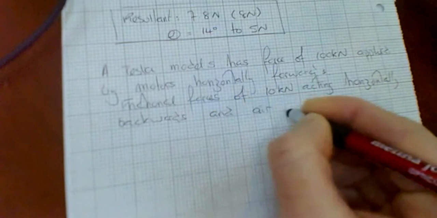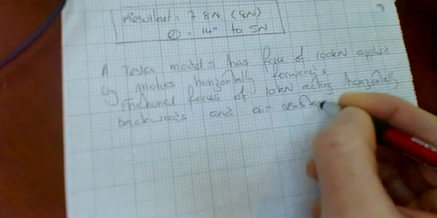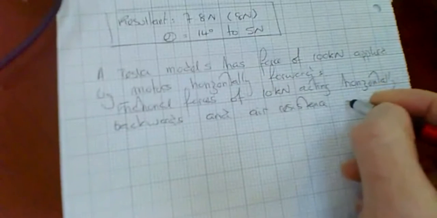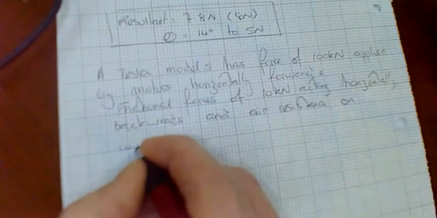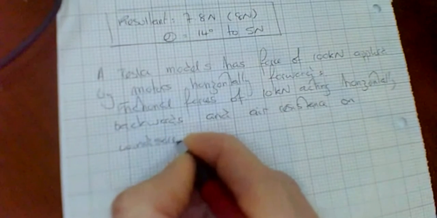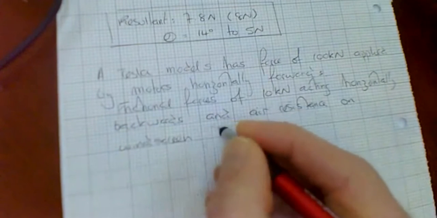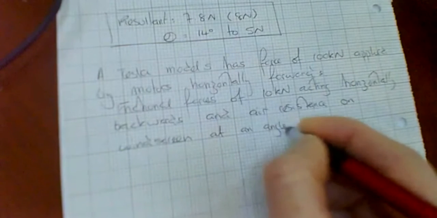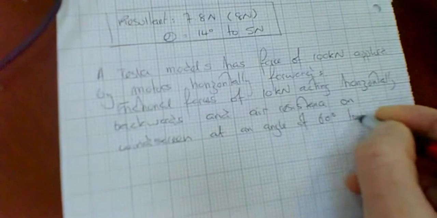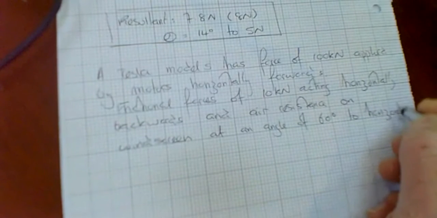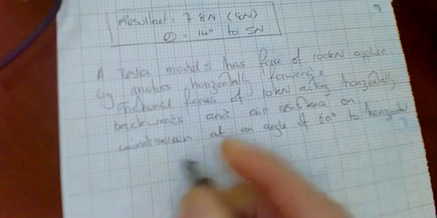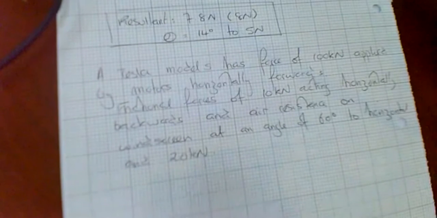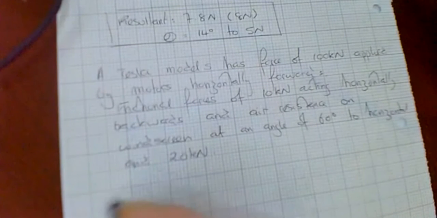And air resistance, and I'm only going to consider the air resistance acting on the windscreen at this point, just to make things simple, give us a nice easy angle to work with, 60 degrees to the horizontal, and 20 kilonewtons.